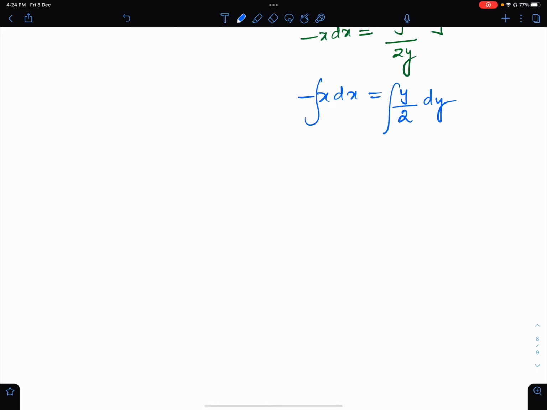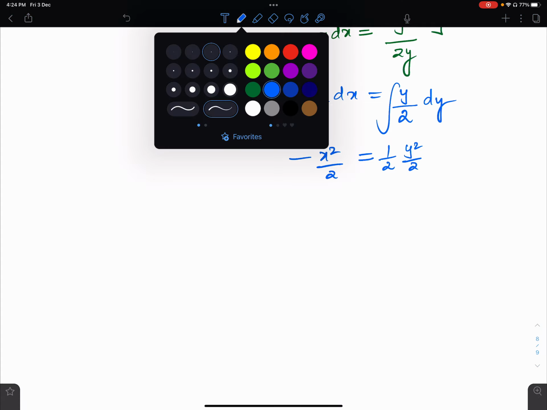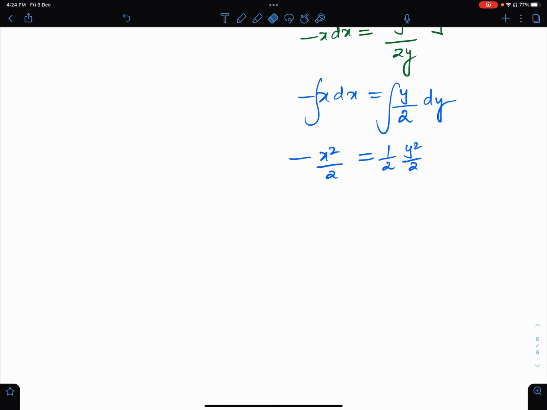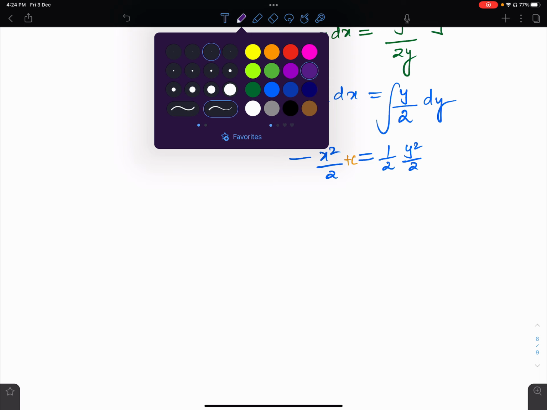So integrating, it is minus x square by 2 equal to, and here 1 by 2 outside, it is y square by 2. Then plus c. You can write plus c here. That is better because then you will avoid confusion. It is better to write it on whichever side you feel comfortable.